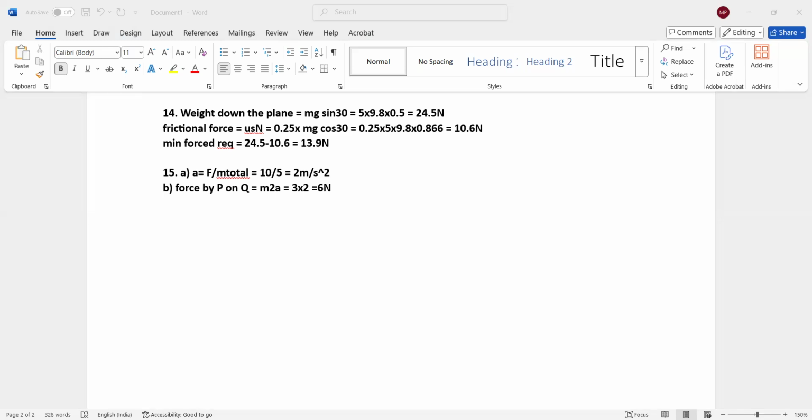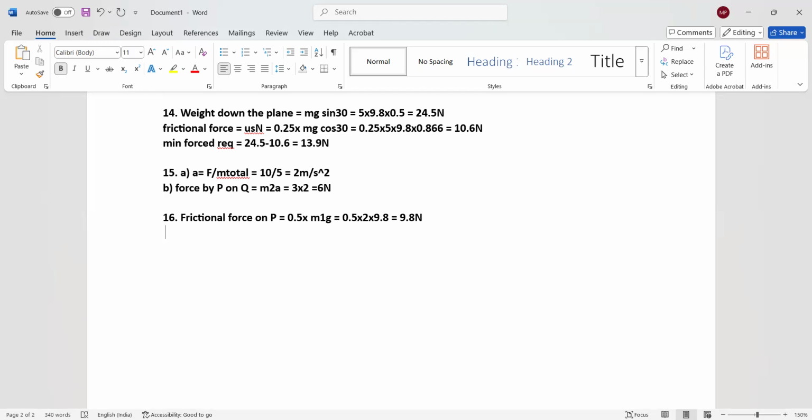So maximum value of M for equilibrium will be decided by frictional force on P. So frictional force on P is equal to 0.5 into M1g, that is 0.5 into 2 into 9.8, which is equal to 9.8 Newton.